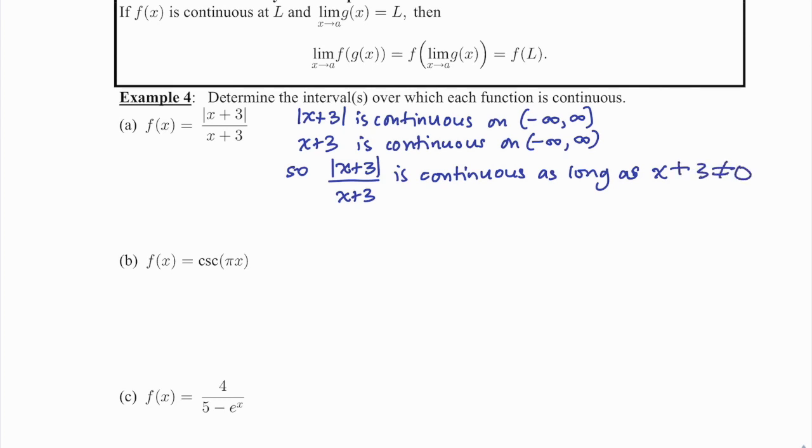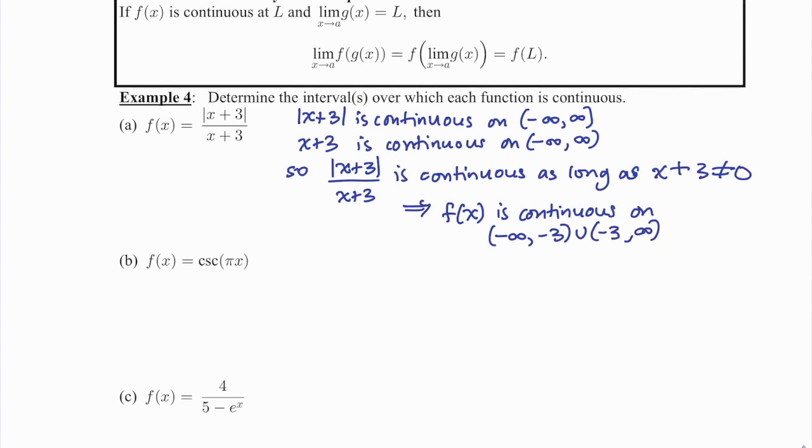So as long as x plus 3 isn't 0, f is continuous as long as x is not -3. So we could say on the interval from negative infinity to negative 3, union negative 3 to infinity.